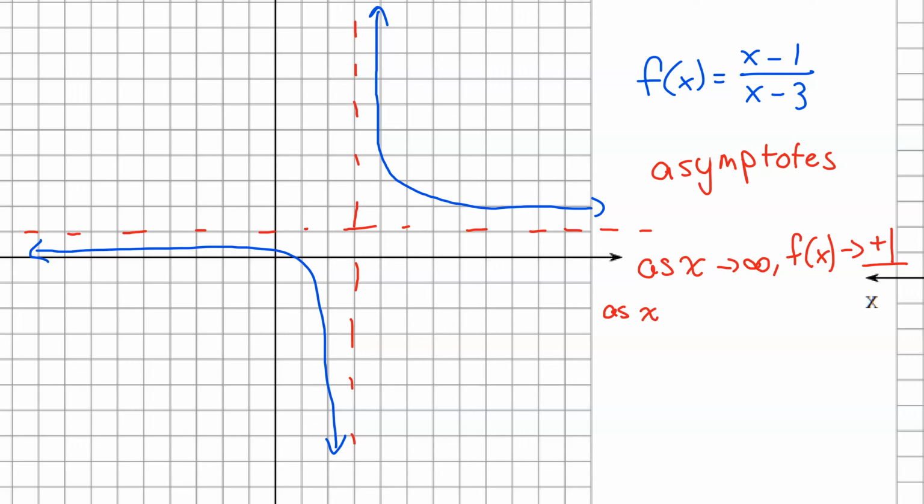As x approaches negative infinity, f of x is also going to approach positive 1. Now, if we look at this, f of x is approaching 1 from above on this side and 1 from below on this side.